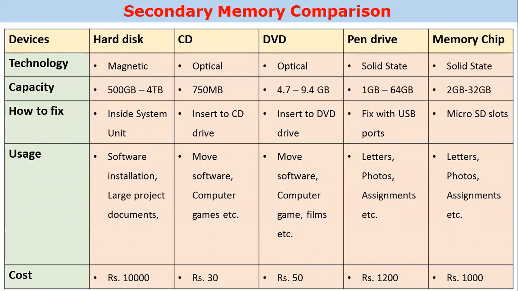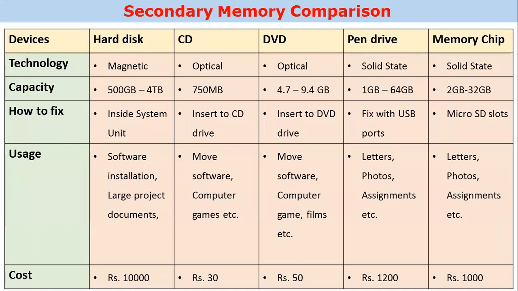Then regarding the cost, this is not the latest one. This is somewhat older. Here the hard disk is indicated as 10,000, but these days you can't buy a hard disk for 10,000. It may be approximately 20,000 or more. CD and DVD are available for 30 or 50 rupees.